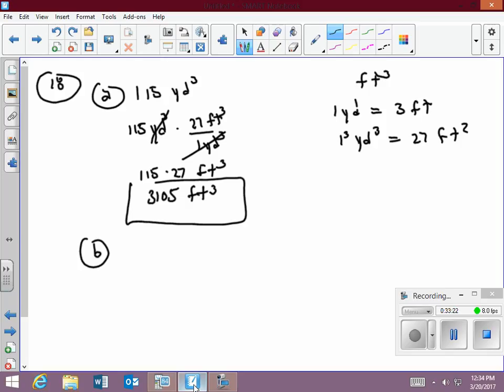I'll just write underneath it 42 millimeters cubed, and you want it in centimeters cubed. So what does the conversion have to be?